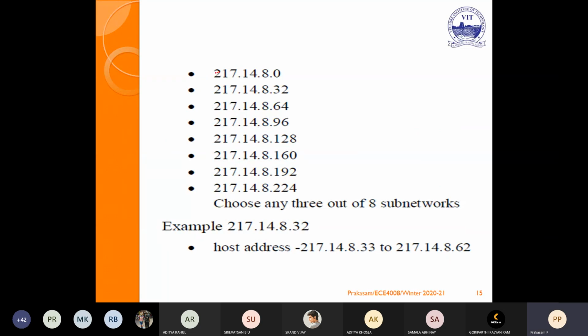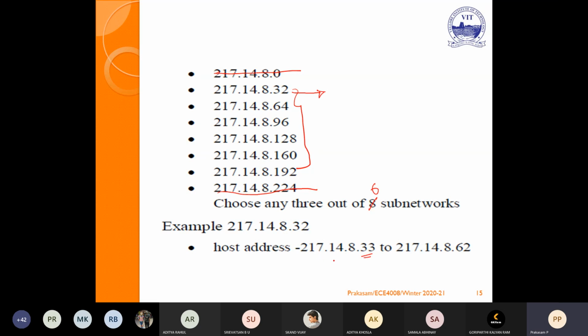So this is used for the network ID and this is for broadcast. Out of these 6, you can choose any 3. For example, because I want to assign addresses for 3 subnets, for the first subnet let us consider I am choosing 217.14.8.32. Automatically plus 1 is the first host address.